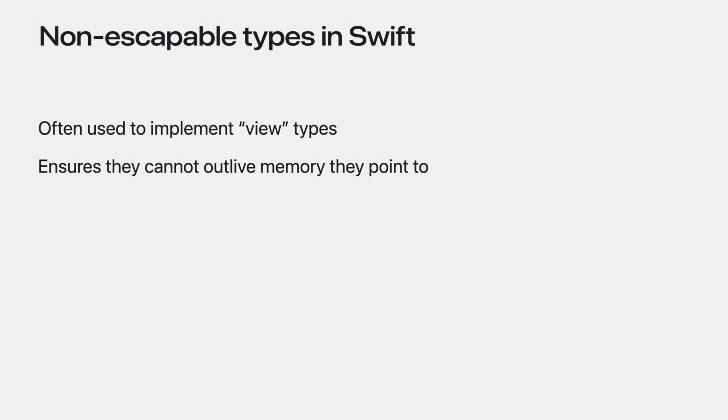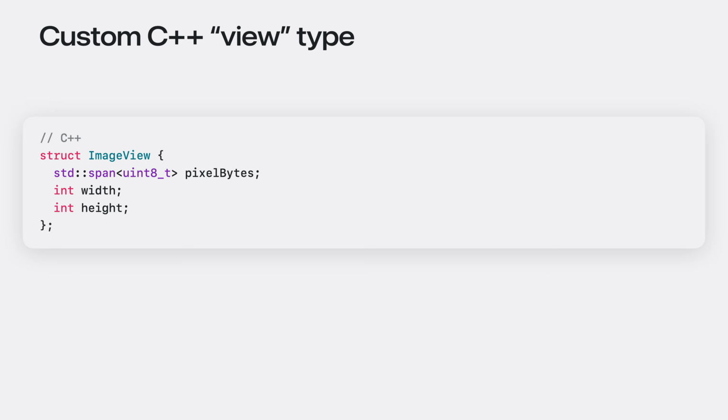Just like with span, Swift makes sure that all non-escapable types do not escape their current context. This ensures they do not outlive the memory they point to, so they are protected from use-after-free bugs. C++ view types can be safely imported as non-escapable in Swift. All I need to do is to add an annotation.